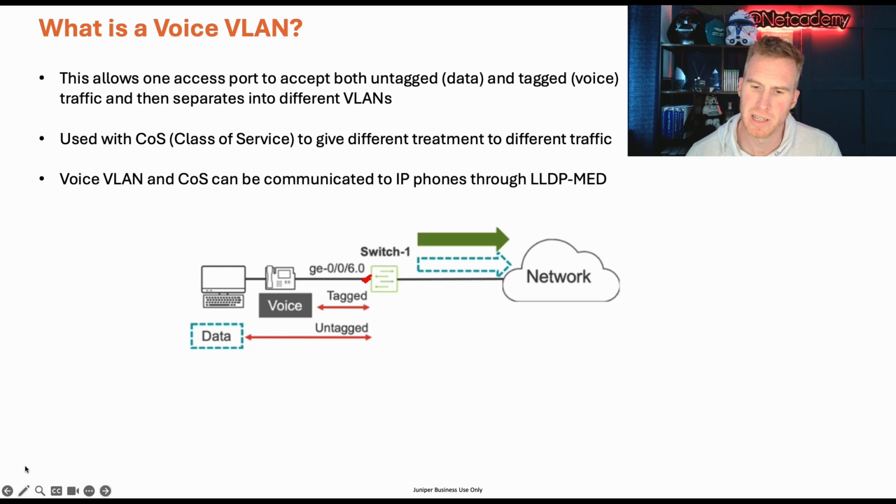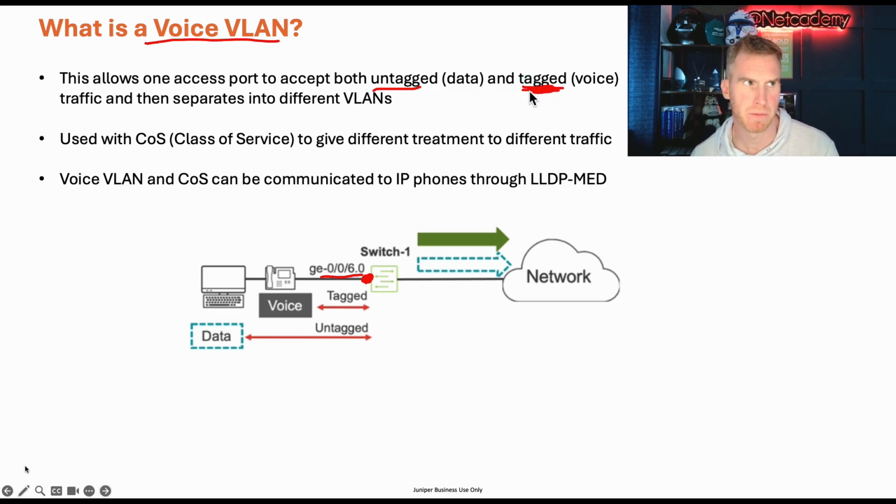So here we are, here's the last part of this video where we're going to go into voice VLAN. What is a voice VLAN? This is where we have got a physical interface like ge-0/0/6 on a switch, and it is receiving both untagged and tagged traffic, and the voice VLAN is really that tagged traffic here.